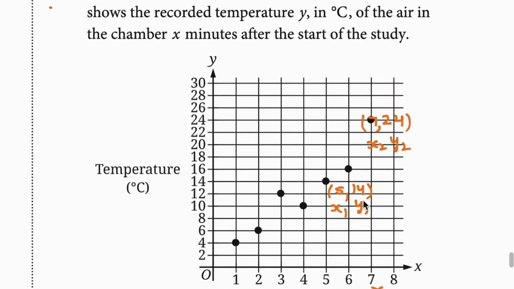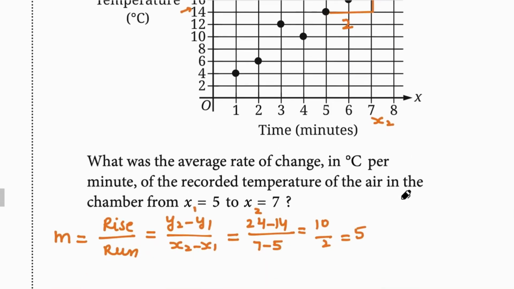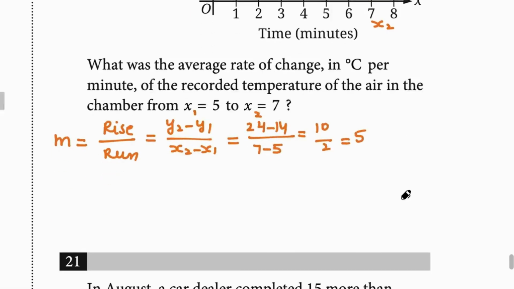Let's see it in terms of rise over run. So how much is the rise? 14 to 24, which is 10. How much is the run? 5 to 7, which is 2. So your style, your method, whatever you are comfortable with. But this is the meaning of average rate of change. That is the check here.